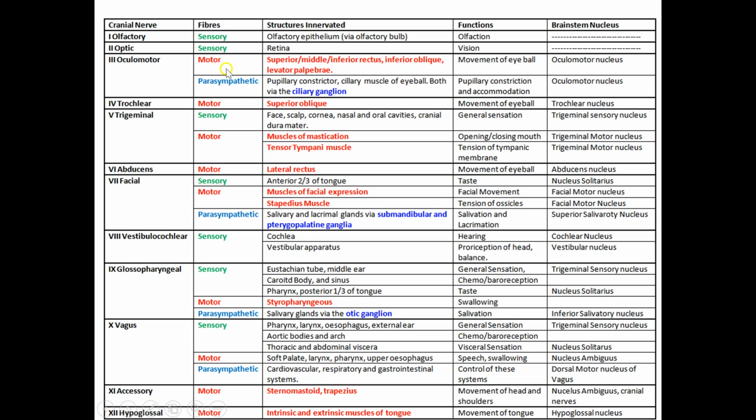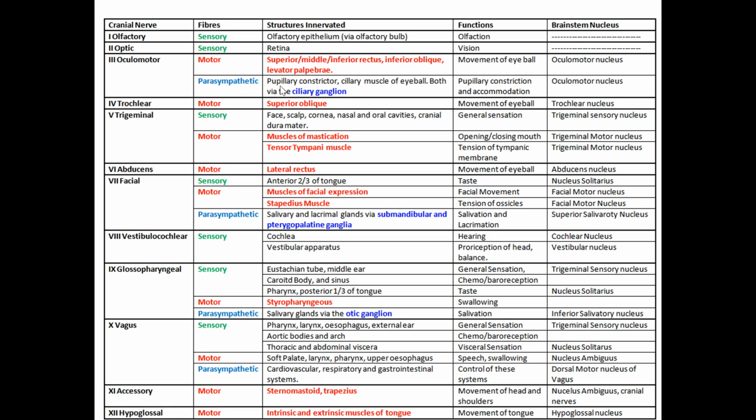The main extraocular muscles are supplied by the oculomotor nerve, that includes superior rectus, inferior rectus, medial rectus, inferior oblique, and levator palpebrae muscles, which are involved with movement of the eyeball, and they have the oculomotor nucleus in the brain stem in the midbrain.